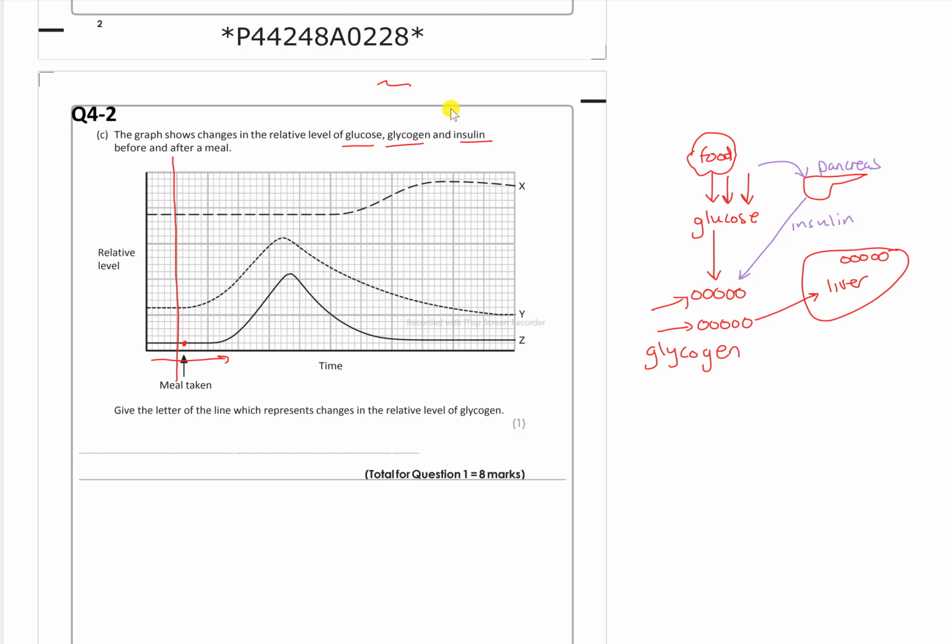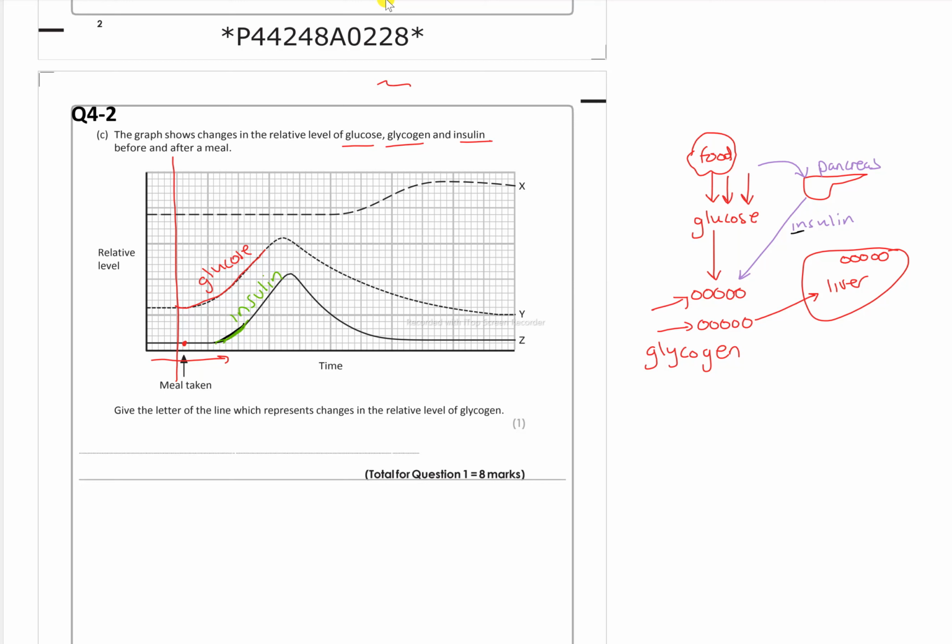So this is what's going on. First of all, the glucose levels rise, so that must be glucose. Then insulin levels rise. The next one to rise is insulin.